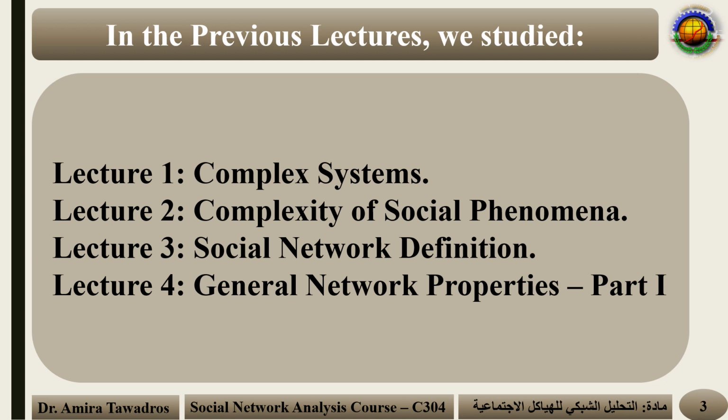And then in lecture 4, we discussed some of the general network properties, including network size, directed and undirected networks, and network representation. And we said that we can represent a network in three different ways: the adjacency matrix, the link list, and the adjacency list.